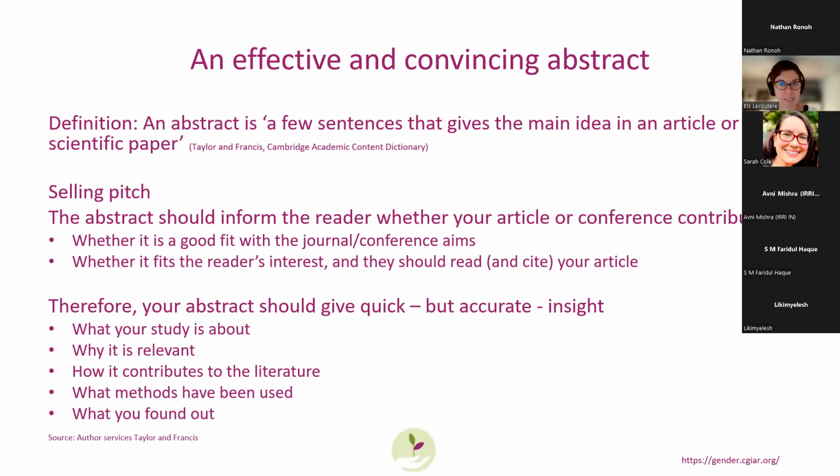So again, important for that. Your abstract for that purpose should give quick but accurate insight into what your study is about, why it is relevant, why they should care, how it contributes to the literature or to the evidence, what's novel about it, what methods you have used, and what you have found out.